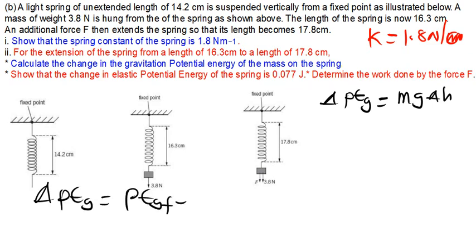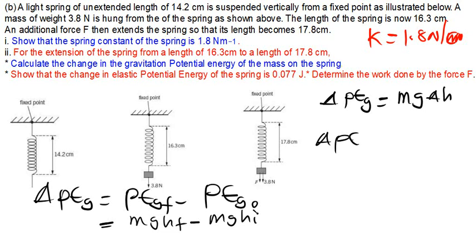I'm just dealing with mgh final minus mgh initial. That is the same as saying my change in gravitational potential energy will be equal to, I can factor out mg, then h final minus h initial.